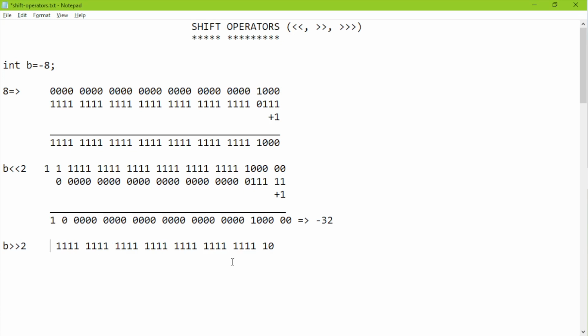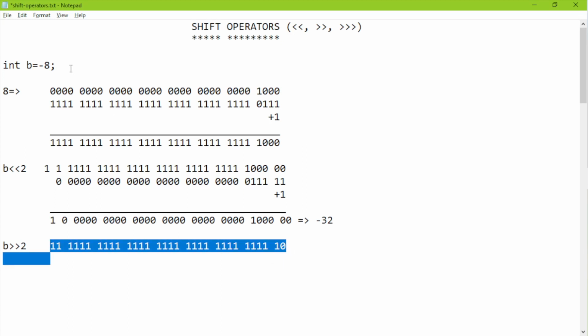Here we don't know whether we want to add 0 0 or 1 1. To decide, we have to check the last bit. This is 1, so we have to add 1 1, not 0 0. Now we got the right shifted value of minus 8.